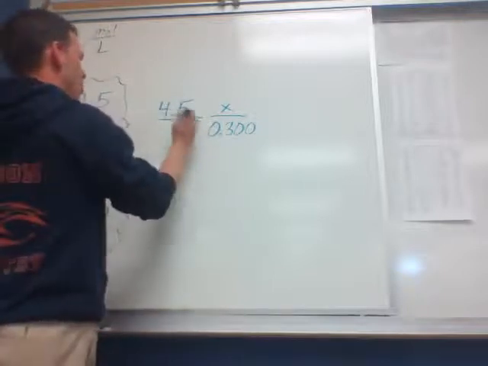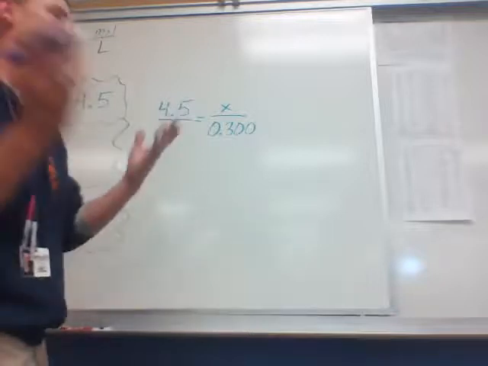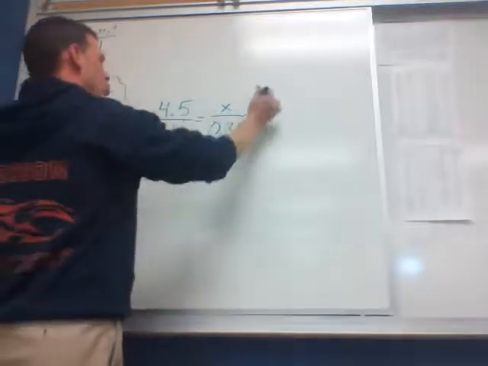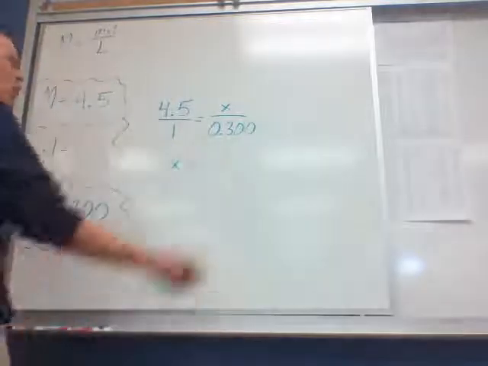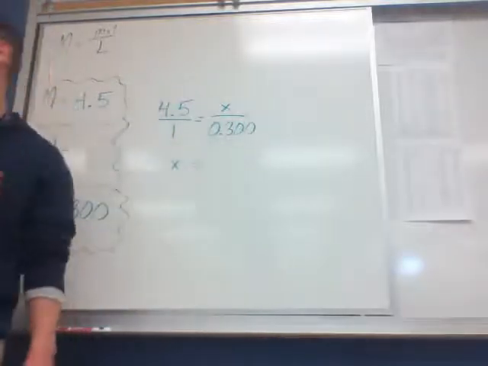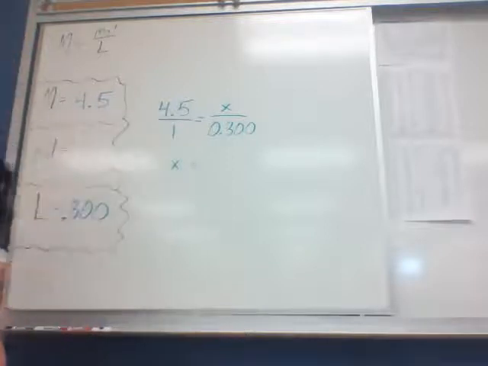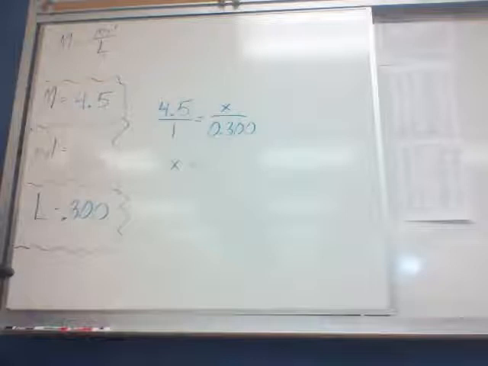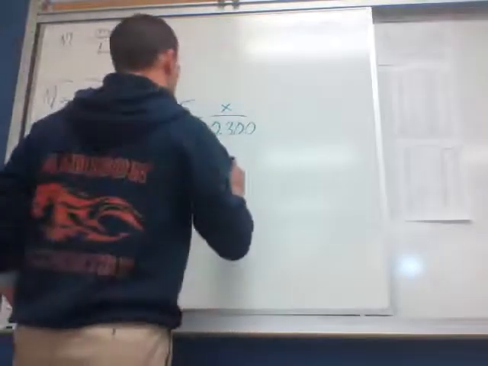When I was your age, I always put a whole number over 1 and cross multiplied. I thought that was easiest, but whatever, get the right answer. If you cross multiply, you'll get x one way, and then you'll go 4.5 times 0.3 the other. Go ahead and find that. I get 1.4.